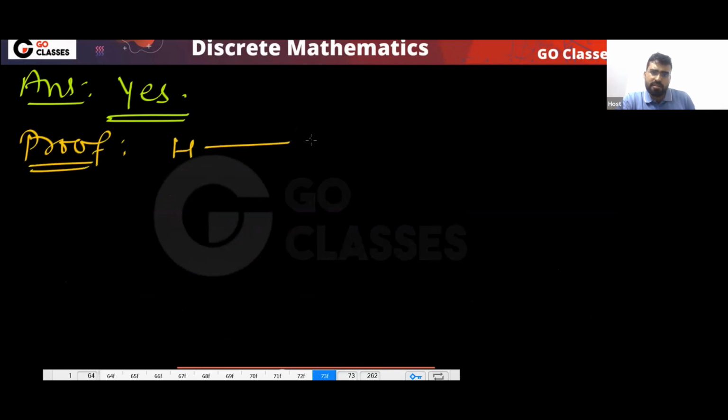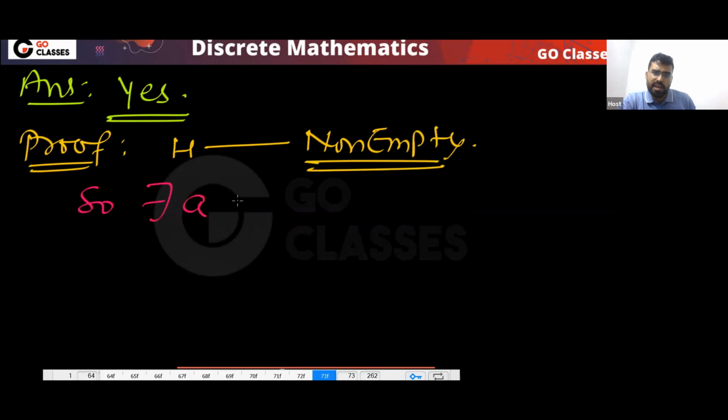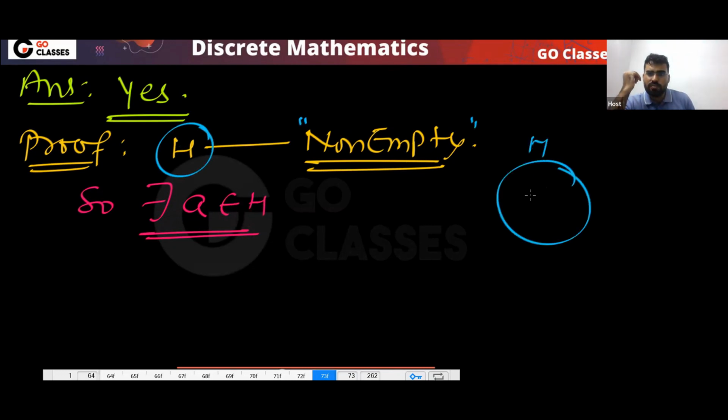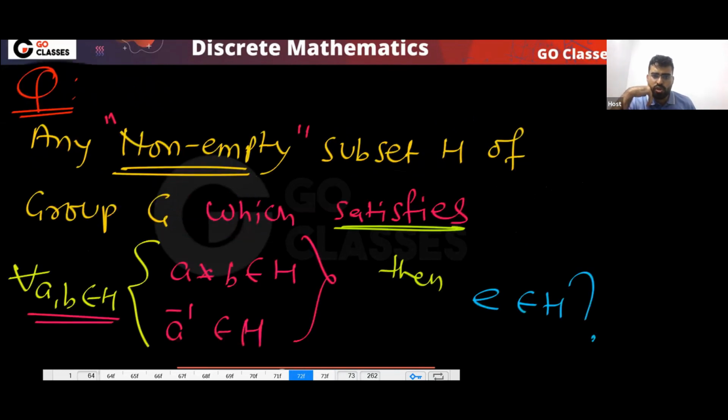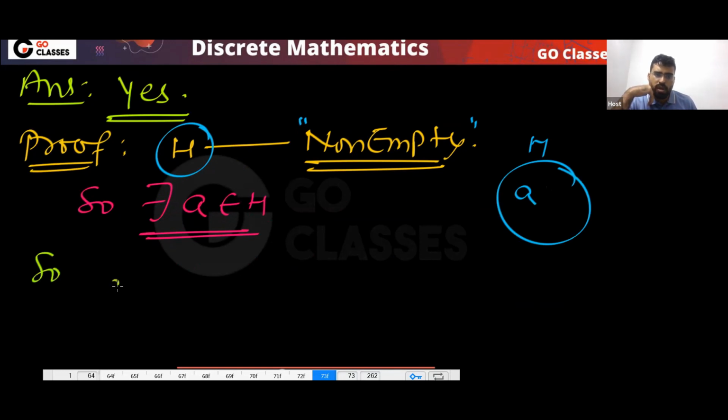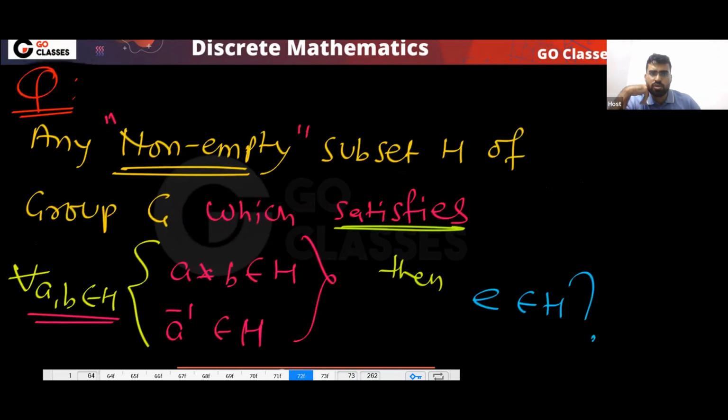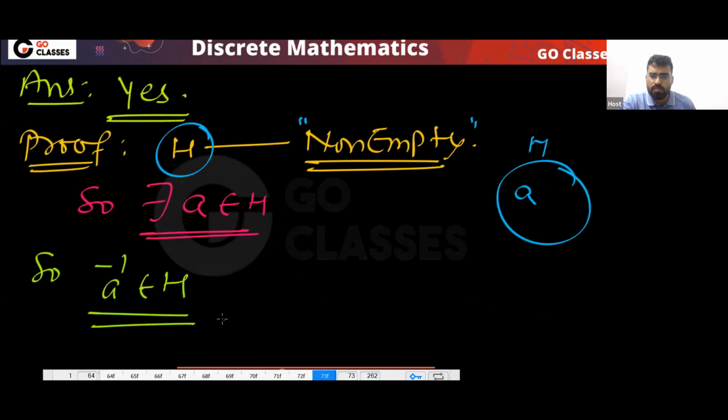Since H is non-empty, there exists at least one element in H. And now you are saying that for every element, A inverse is also there in H. So you have inverse also.